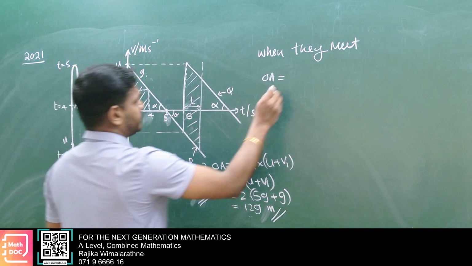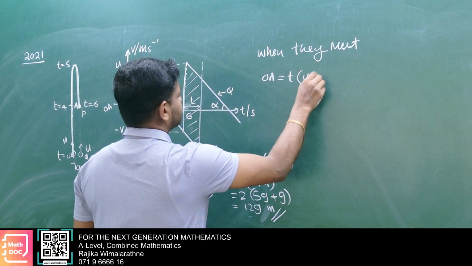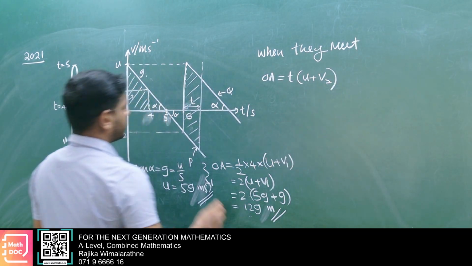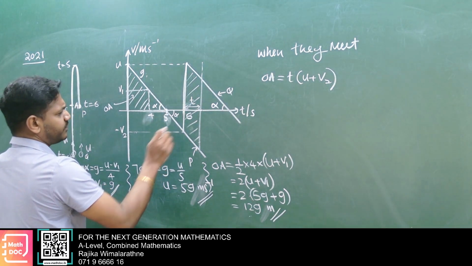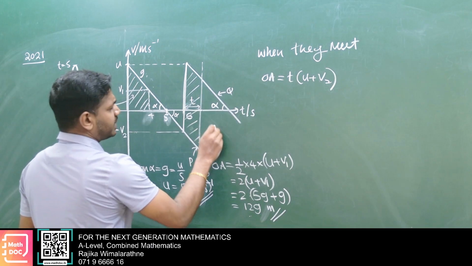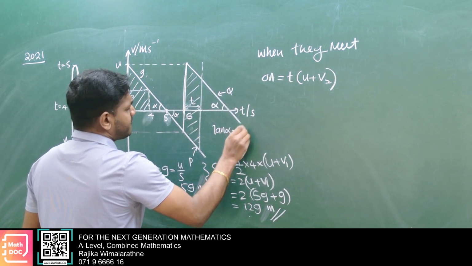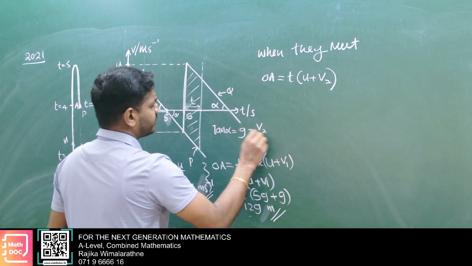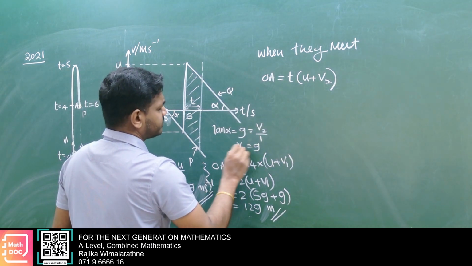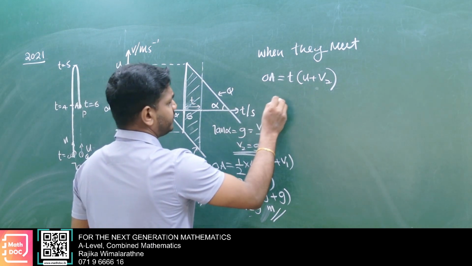You take V2. T times (u plus V2). You find the V2 value. Then by tan alpha again write V2 over 1, then V2 equals g. Then put it here.